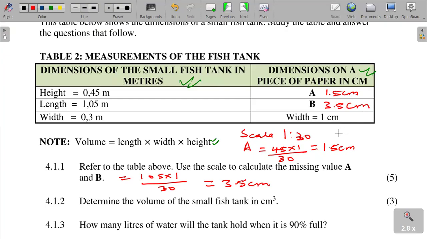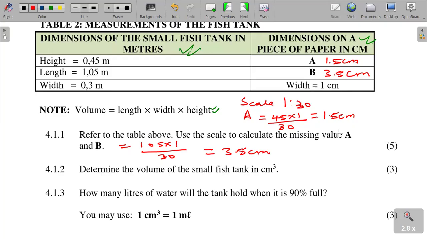Then determine the volume of the fish tank in cubic centimeters. What we are saying is that 1 cubic centimeter is equal to 1 milliliter.